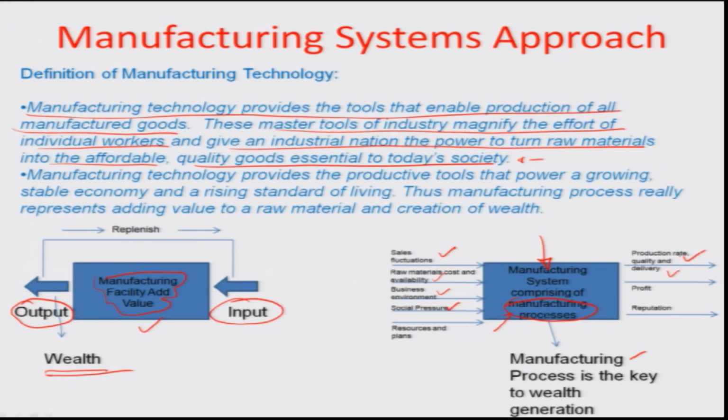You have the deliverables which are the products coming out of the manufacturing system. You also have profits and reputation to keep in business, which is also very important, but really this system will work well if the heart of it, which is the manufacturing process, is well balanced and well designed.